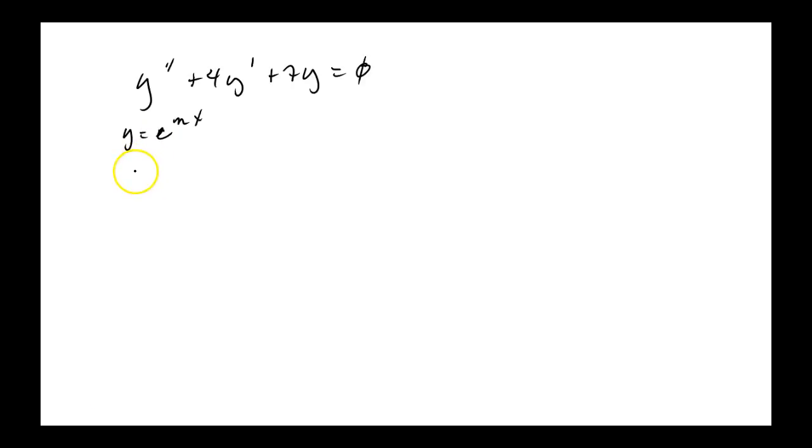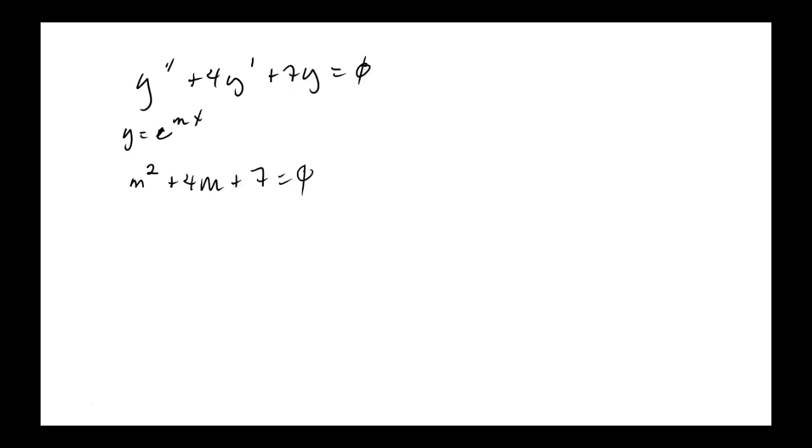Plugging that into the equation and pulling out e to the mx, we get e to the mx times m squared plus 4m plus 7 equals 0.